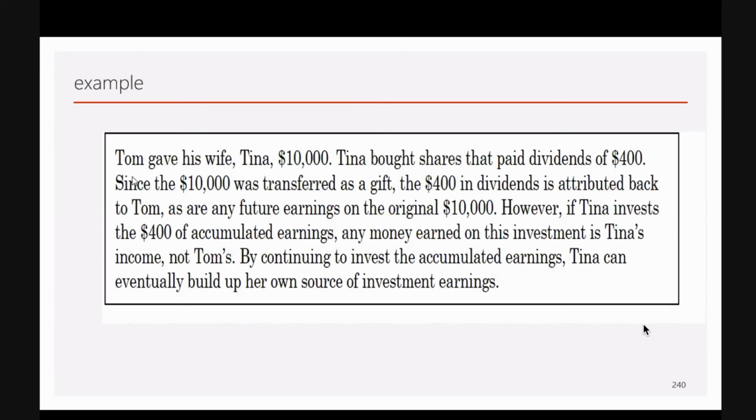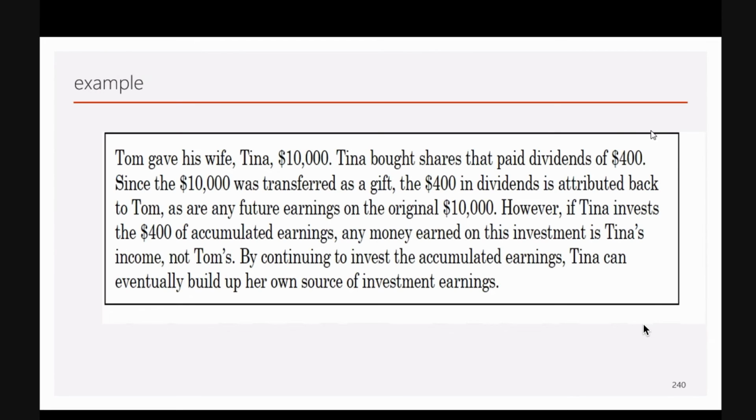Example: Tom gave his wife Tina 10,000. Tina bought shares that paid a dividend of 400. That 400 is investment income.